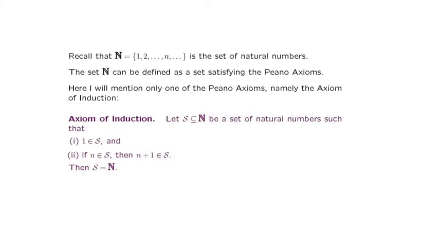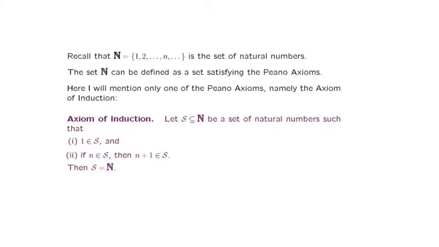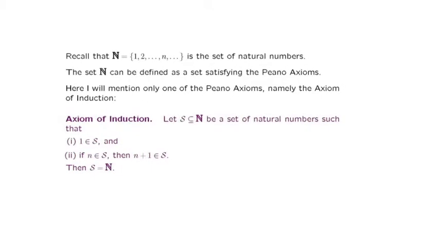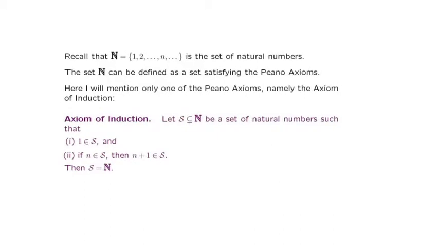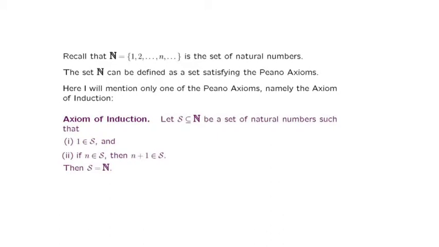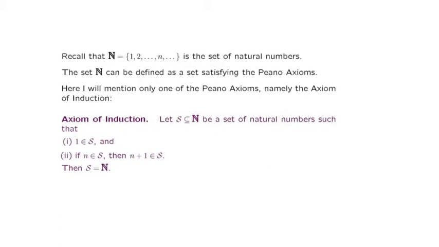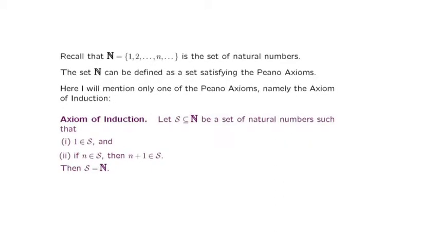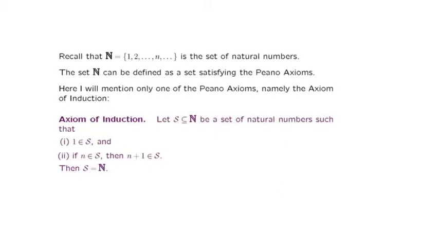So that is the axiom of induction which we are assuming is true for the set of natural numbers, and we assume it is so because it is one of the Peano axioms.